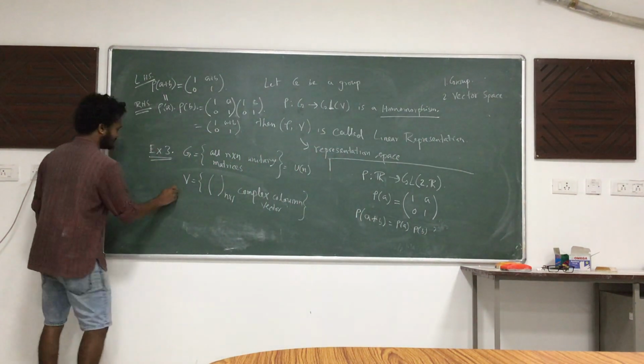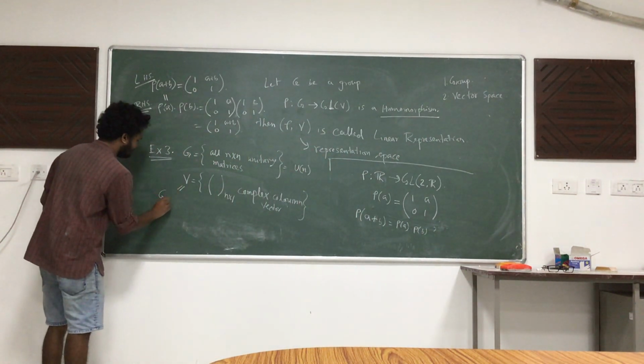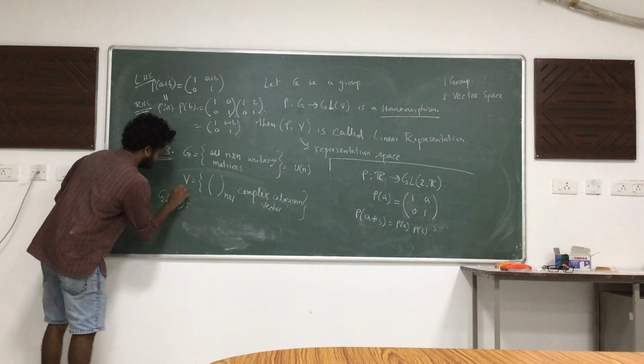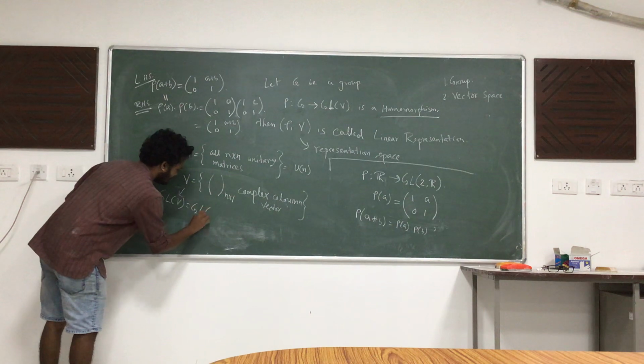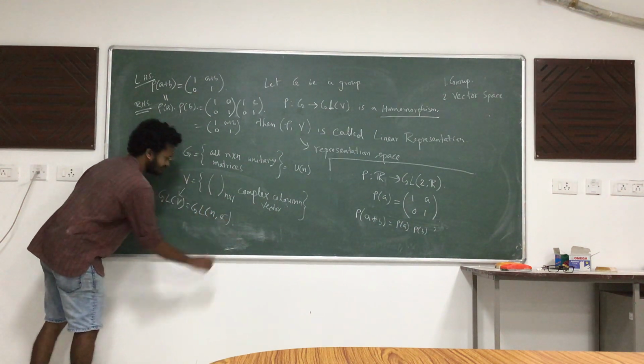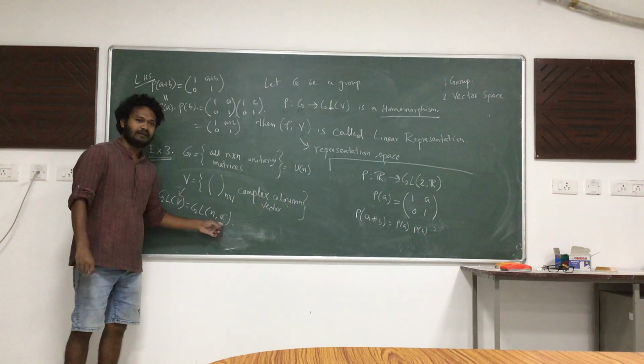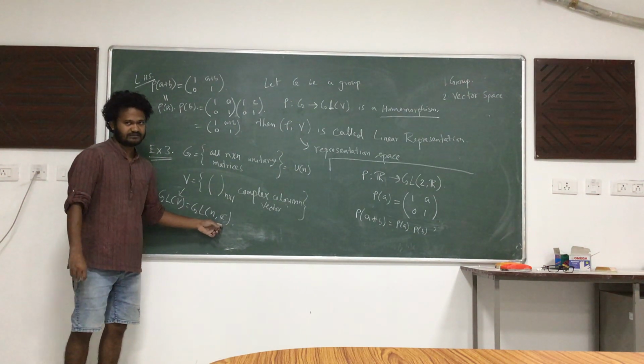In this case, what will be GLV? GLV will be nothing but GLn(C), that means all invertible n cross n matrices.